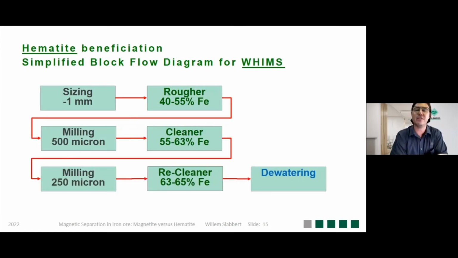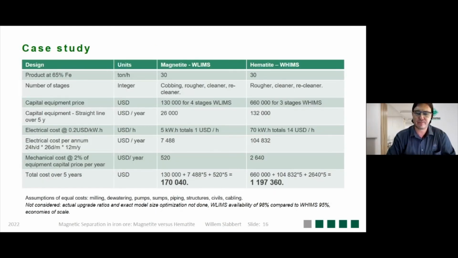If we consider a simplified block flow diagram for wet, high-intensity magnetic separators working on hematite, we would only need 3 WIMS machines to upgrade the same particle size distribution of ore from 40 to ultimately 65% Fe in this block flow diagram.